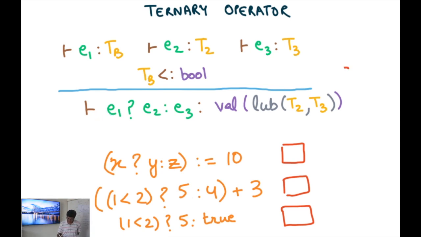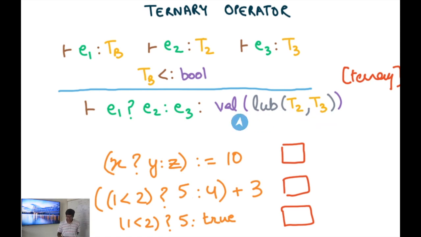So this rule is called the ternary operator. If it is true that E1 is of type TB, so that TB is a subtype of bool, and E2 is of type T2, and E3 is of type T3, then it's true that E1 question mark E2 colon E3 is of type least upper bound of T2 comma T3. And it's not just the least upper bound, but the value type of the least upper bound of T2 comma T3.